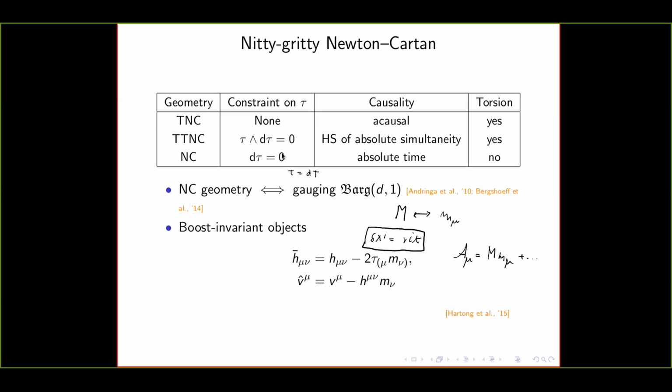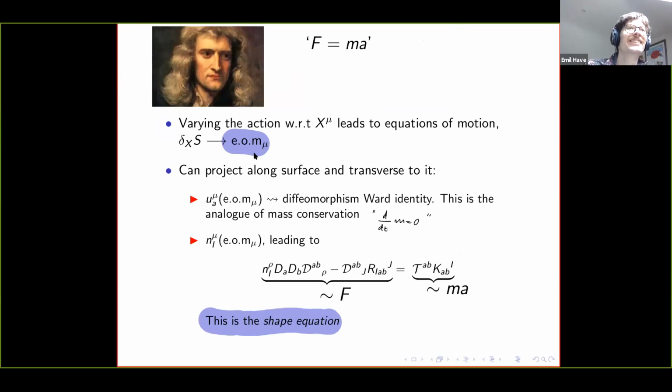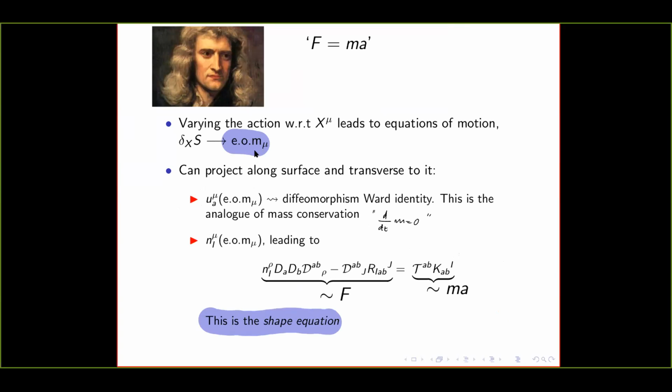Sure. So could you go to the slide with Newton's picture? I don't remember which one. Yeah, precisely. So maybe you said it and I missed it, but if it's not too complicated, could you tell me what is the curly D object with 3 indices that you define in the F equals MA analog? Yes, absolutely.